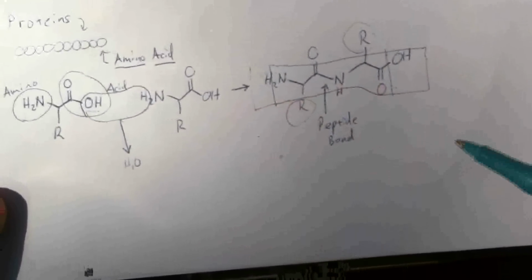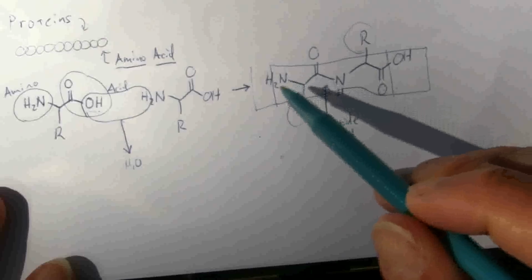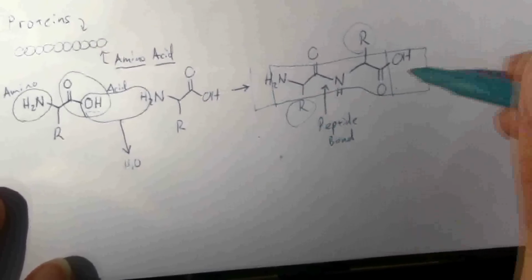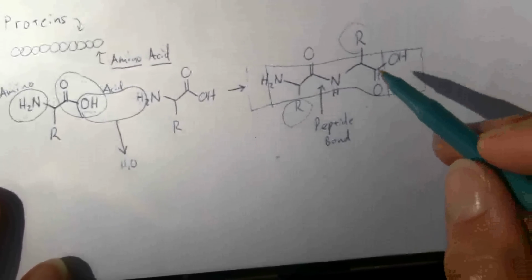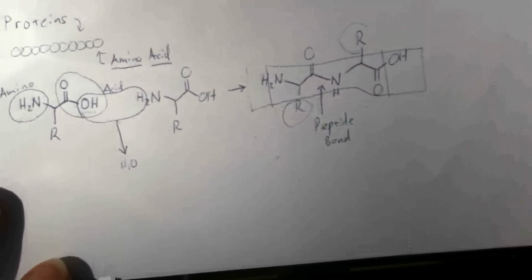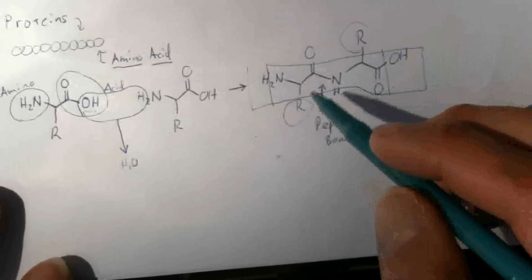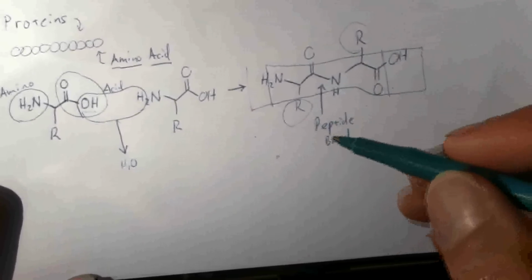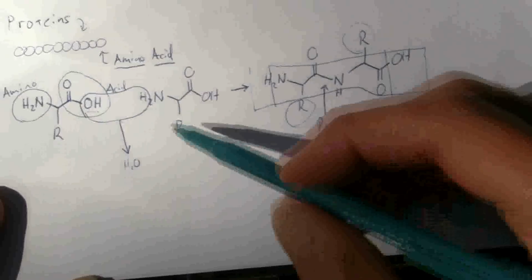So what happens when you eat protein in your meal, you have it in this long chain. Here I've only drawn two, but protein has hundreds even of these amino acids chained together, and so it is indeed a long chain, depending on the protein. And what happens is, in the body, it breaks them down. It's a process that is just the opposite of what is done here to form those bonds.